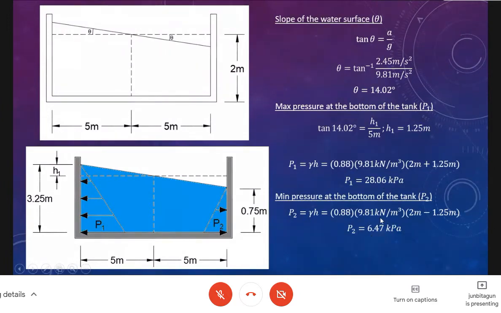Such information is needed because when you design the container, it should be able to resist these pressures when it moves. If not, then the water pressure or any fluid pressure inside the container would destroy your container if it's not properly designed.